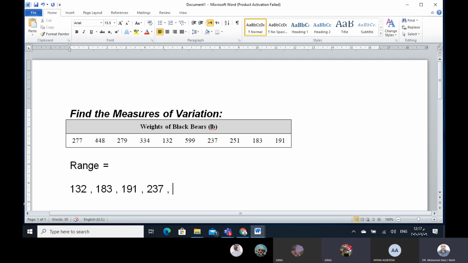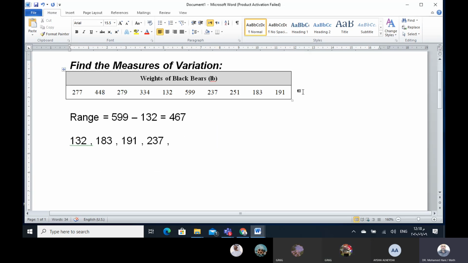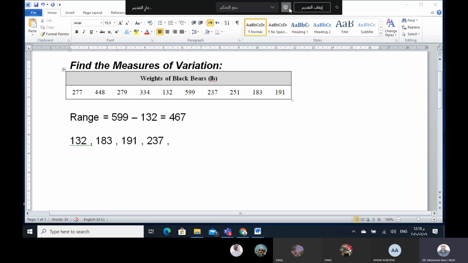Mister, the range is 467. Why? Tell me why. What is the method? 599 minus 132 equals 467. Great. Now I want from all to order the data from smallest number to the greatest number. Then find the median.